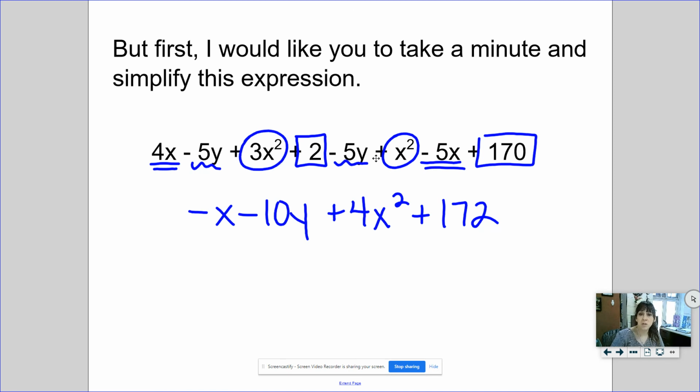Their coefficients are the numbers in front. So if I wanted to add all the x's together, I would say 4x and negative 5x are like terms. I would add 4 plus negative 5 to combine those like terms, which gives negative 1. The procedure for adding and subtracting radicals will be much like this.